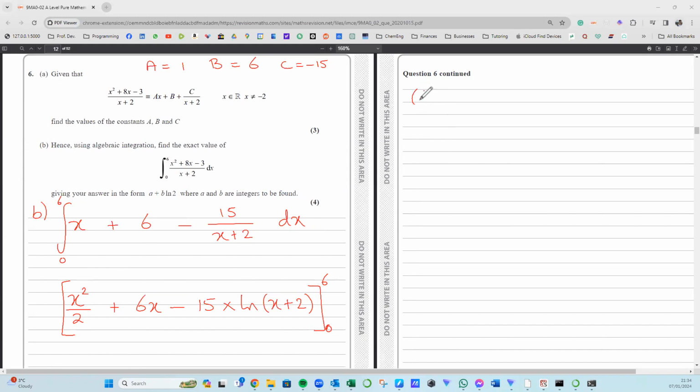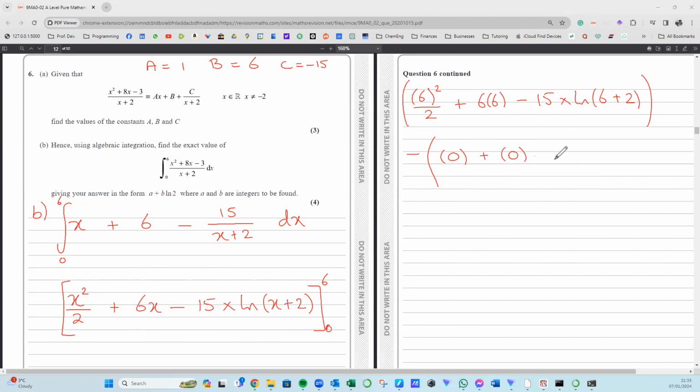So 6 squared over 2 plus 6 times 6 minus 15 times ln of 6 plus 2. I usually put all those in brackets, and then we're going to subtract. Now this one does become quite easy because we get 0 plus 0, because 0 squared is 0, 6 times 0 is 0. So you can basically just say straight away 0 plus 0.